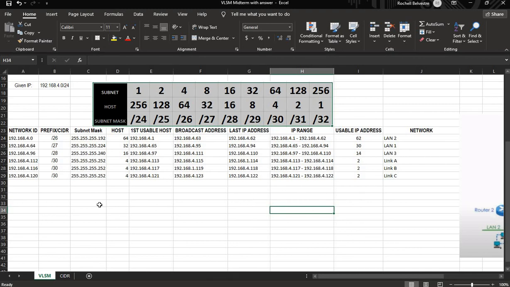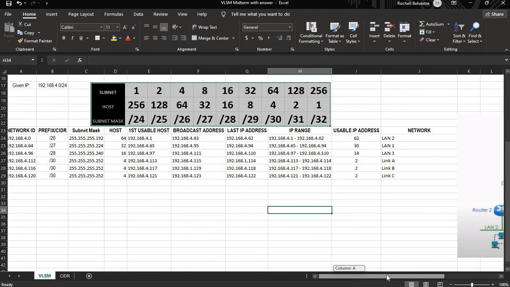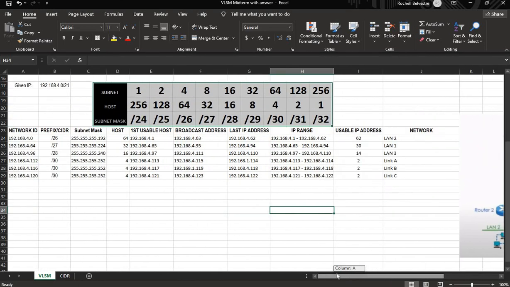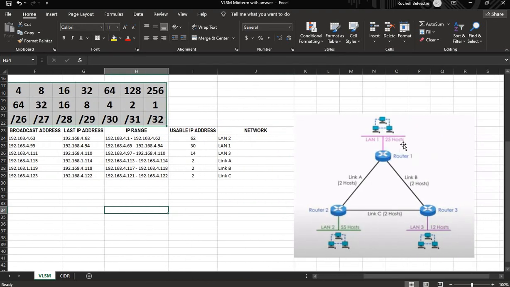Right, so now we have successfully done the VLSM, or variable length subnet mask. Based on my network requirement, these are the IP addresses that I am going to use.